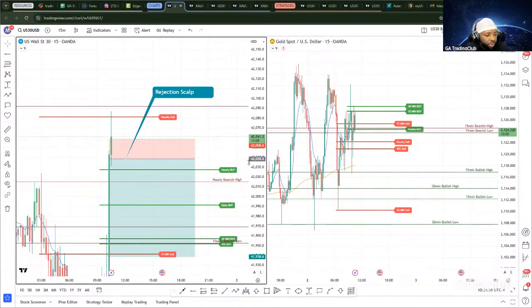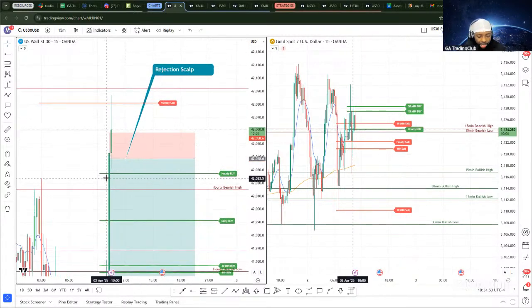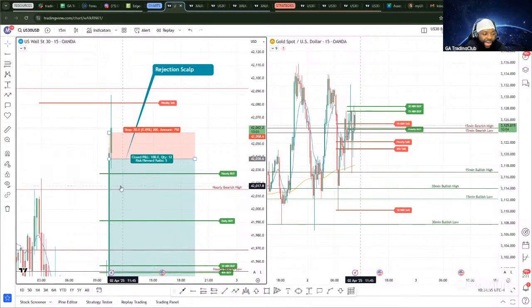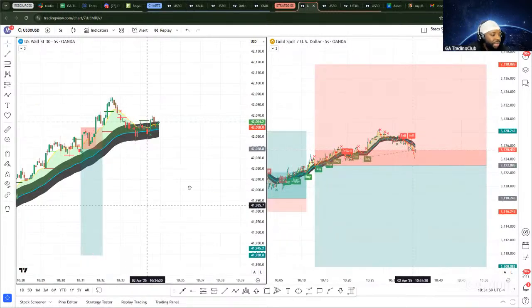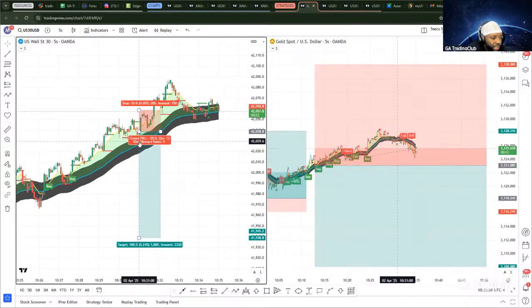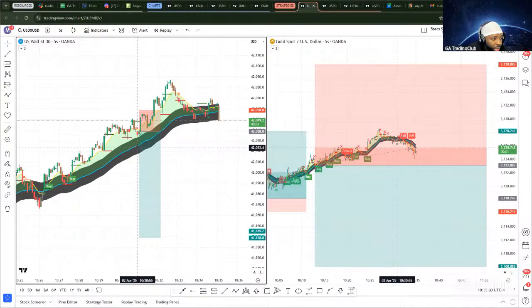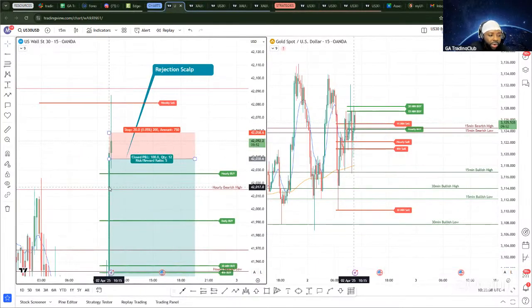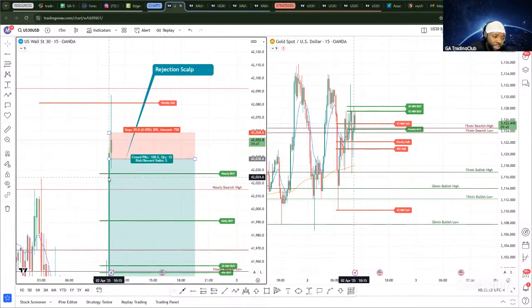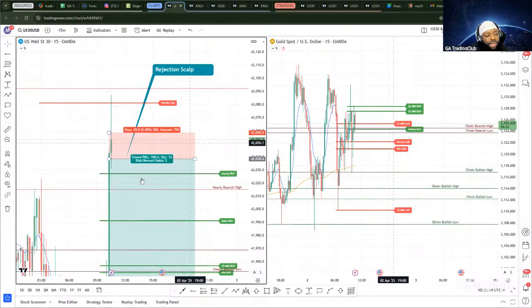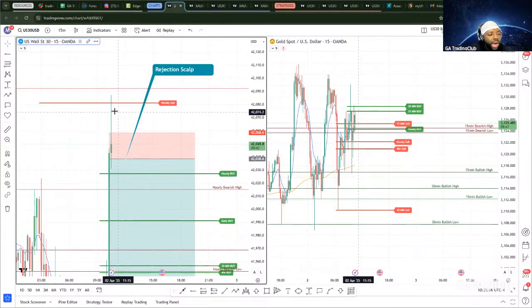For that particular trade, remember, when we're trading a candle, we want to trade the candle that's rejecting off of a level, right? So that particular trade I took at 10:31 when this 15-minute candle had already closed, right? So we shouldn't have taken that trade, because by the time I was taking that trade, this new candle had opened.